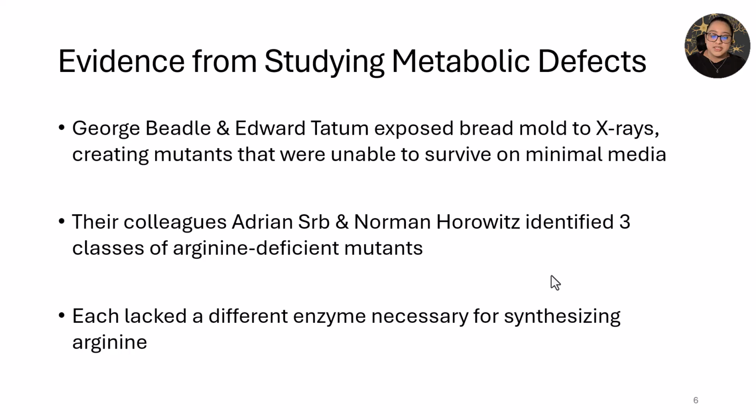They wanted to see, well, why are there 3 different groups that can't make arginine? Are there different parts of this pathway to make arginine that aren't working anymore? And it turns out that each different class of mutant lacked a different enzyme necessary for making arginine.